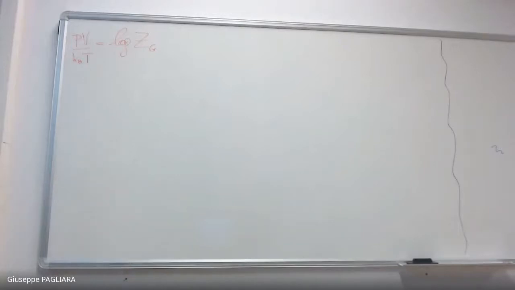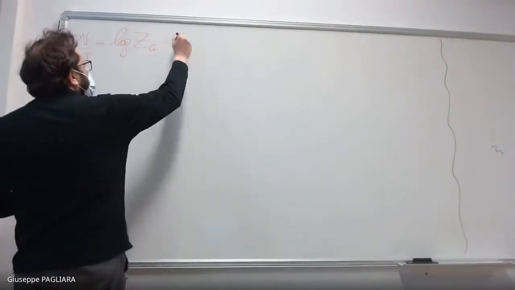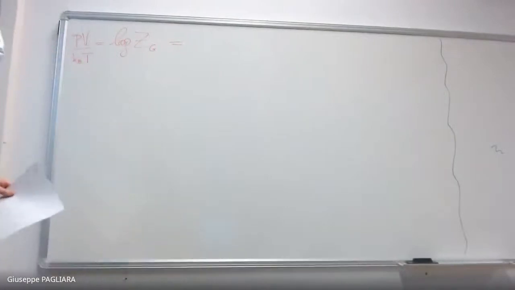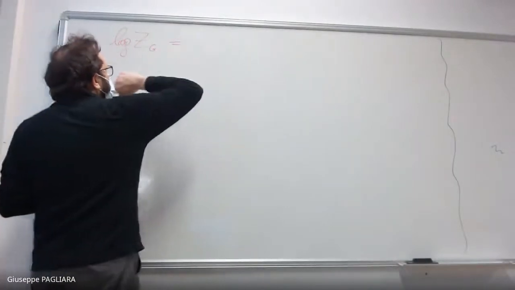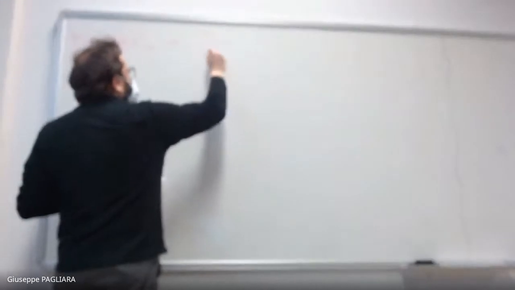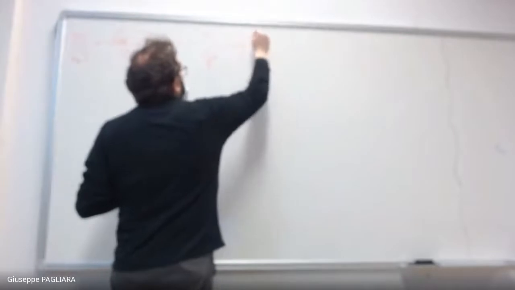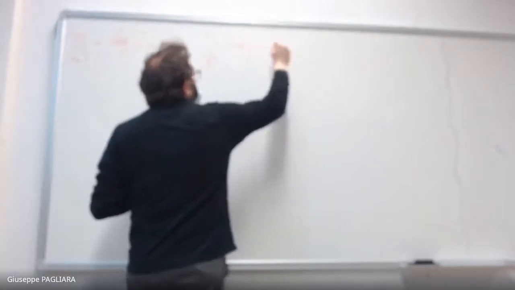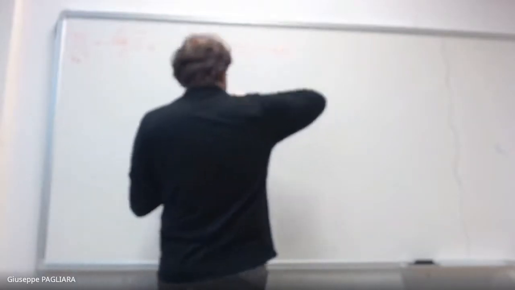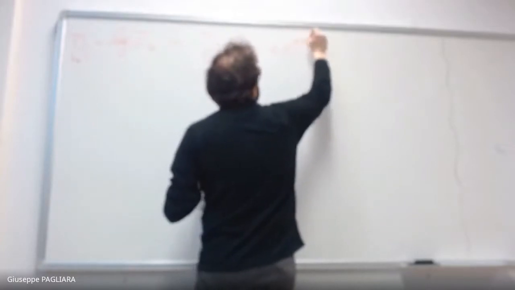Okay, so in the case of a classical gas, this will just be N. Now we do as before. The log of Z_G is a minus sum over q, and here you have the log of 1 minus z e to the minus beta epsilon q.